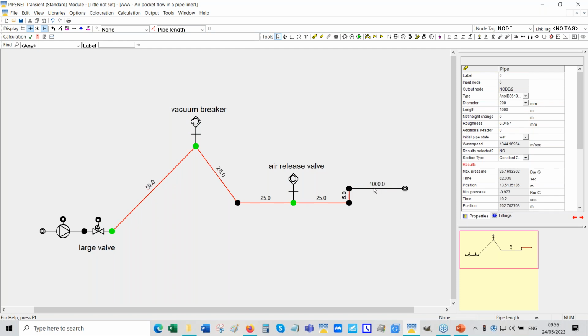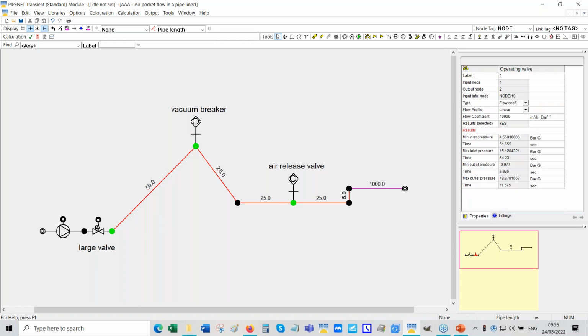And so there is a significant momentum in the liquid in the line. So when this valve closes, 5 seconds is a relatively short time when you've got such long pipes in the system. What would we expect? The first thing that will happen is we can expect some cavitation here.